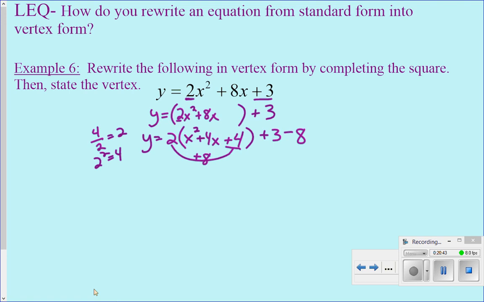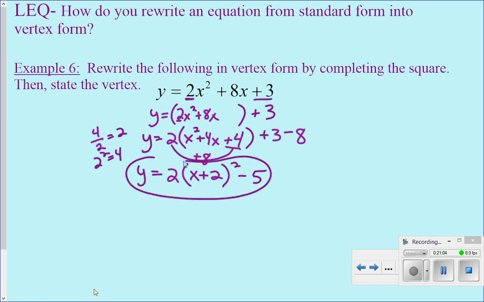So now I have the 2 in the front. I have a quantity squared. And again, I figured that out the same way. I go back here to before I squared, which was plus 2. And then I still just combine the two numbers here on the end to get negative 5. That is vertex form, vertex negative 2, negative 5.